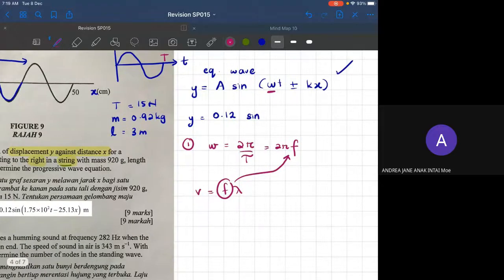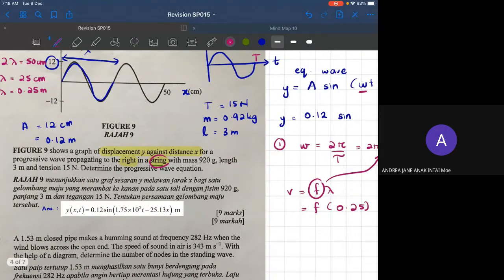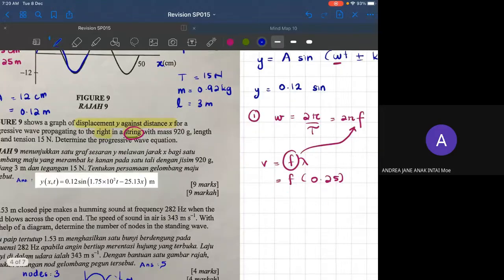So Miss knows our lambda is 0.25. They gave this information but we don't have the speed. We know the wave occurs on a string, and we want to find V, the speed of wave in string.